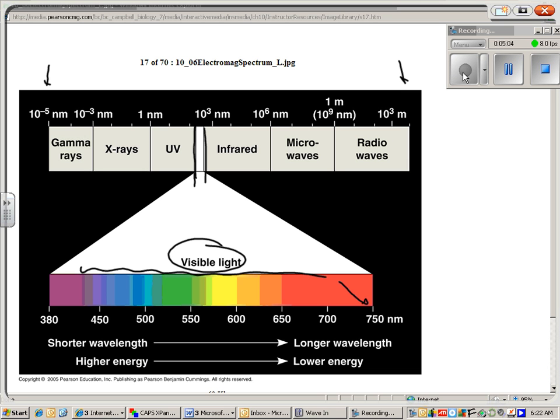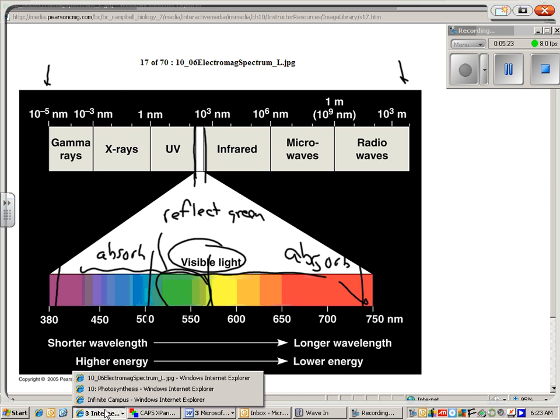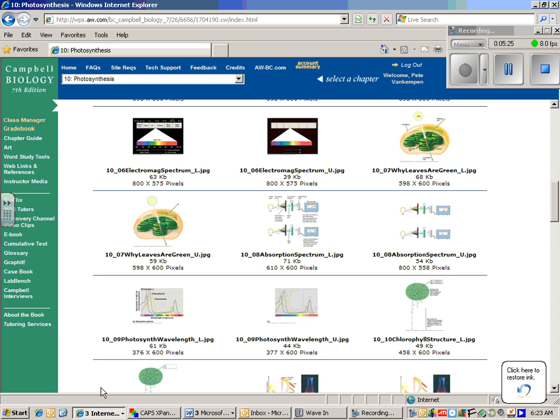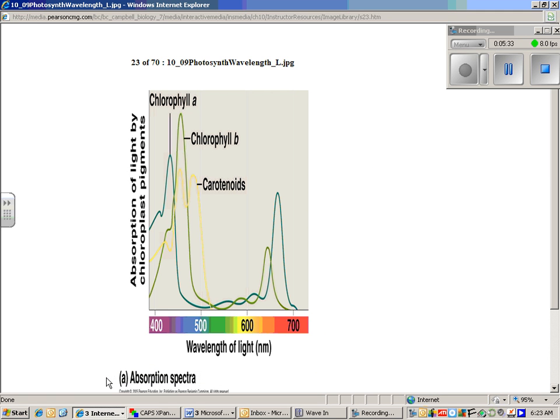We know that leaves are green. Leaves are green because they reflect green light. That means they absorb the other colors. And I can show you something called the absorption spectrum, and we're going to look at this in more detail second semester actually.